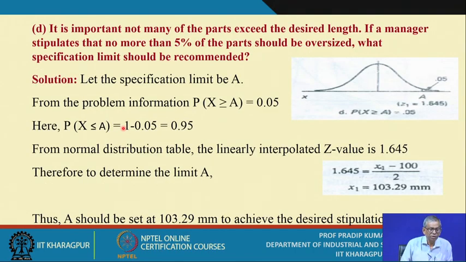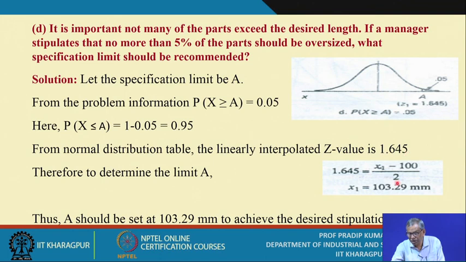Similarly, it is important that not many of the parts exceed the desired length. Obviously, if a manager stipulates that no more than 5% of the parts should be oversized, what specification limit should be recommended? So here the problem is that the probability that x is greater than or equal to a is 0.05. So this is 0.95, less than or equal to a. So the corresponding z value is 1.645.